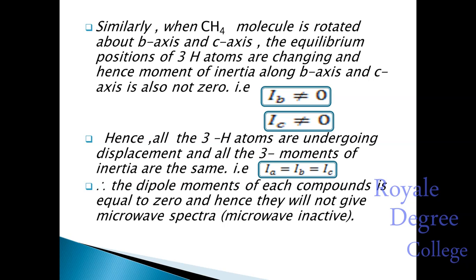Hence, all the 3 hydrogen atoms are undergoing displacement and all the 3 moments of inertia are the same. That is, IA equal to IB and IB equal to IC. Therefore, the dipole moment of each compound is equal to 0 and hence they will not give microwave spectra. That is, they are microwave inactive molecules, we can say.